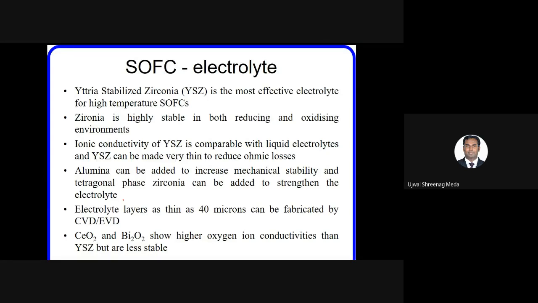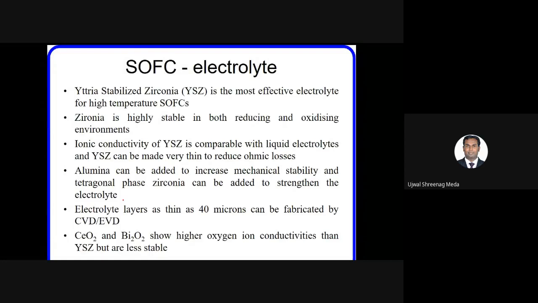The next thing is, because it is a solid electrolyte, the thickness can be reduced to the maximum possible extent, in the order of microns. The thickness of a solid electrolyte in SOFC is as thin as 40 microns, so it can be anywhere between 40 to 60 microns.